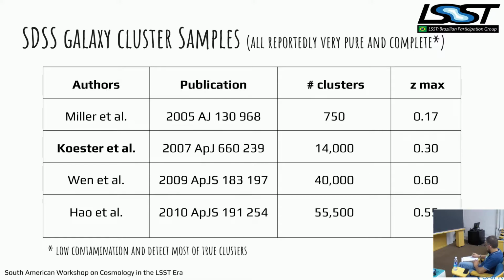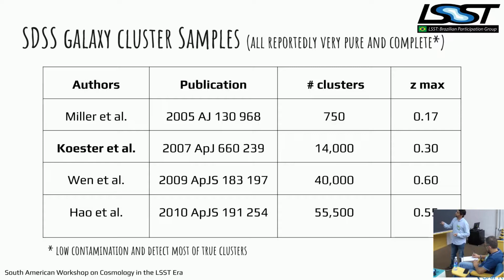For instance, in the paper of Christopher Miller in 2005, he reports around 700 clusters with a maximum redshift of 0.17. Then Benjamin Koester in 2007, which was a sort of de facto cluster catalog for cosmology and everything else in Sloan, with 4,000 clusters and a redshift of 0.3.